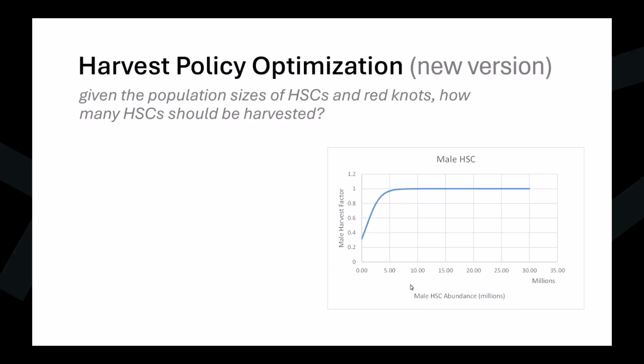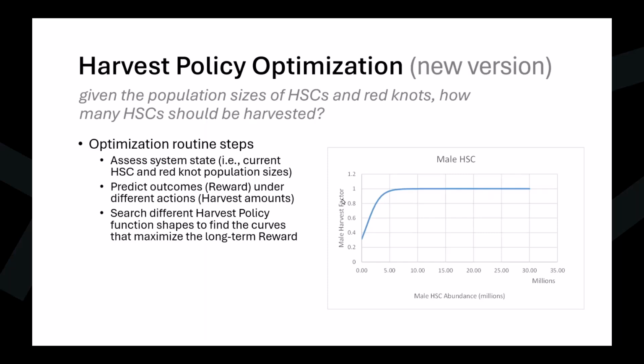And so this shape is telling us how, as we move across the possible values of male horseshoe crab abundance, our harvest factor changes. It goes up and quickly comes to very near to 1.